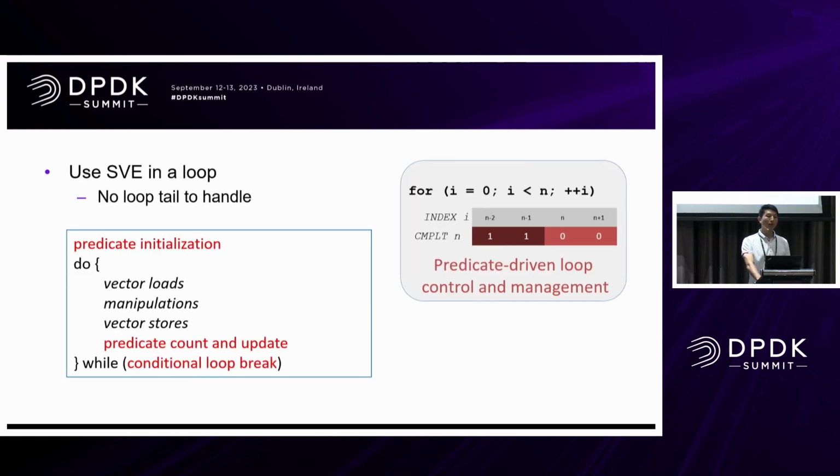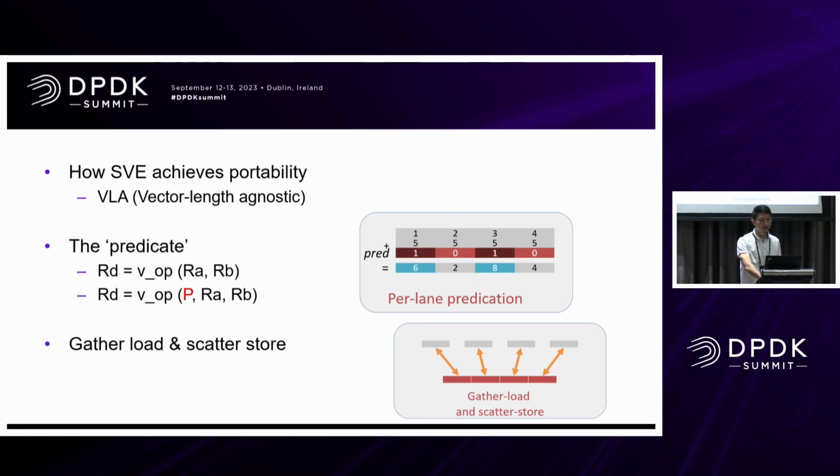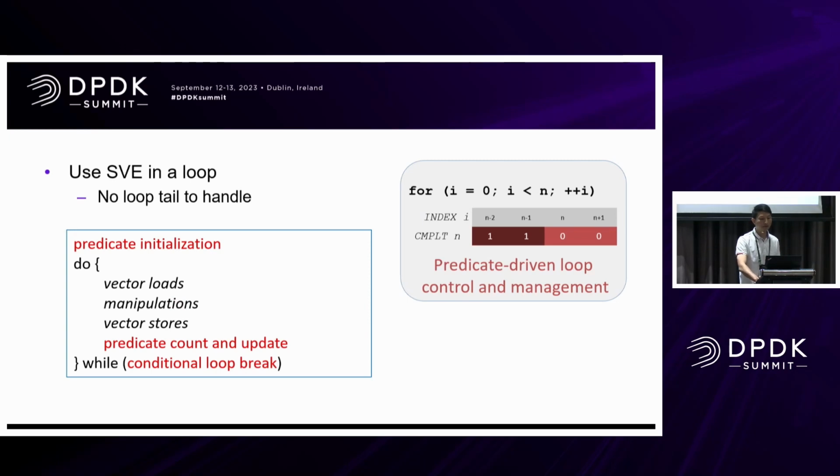And how to use SVE? Typically we use vector processing for a loop. The predicate that we talked about earlier, the mask we use for the operation, enables another feature: we don't need to care about the tail of the loop.